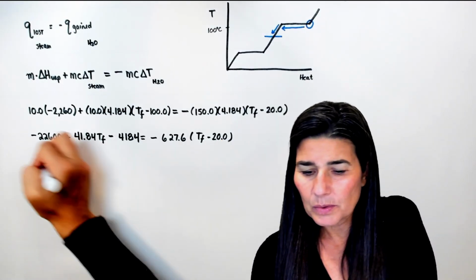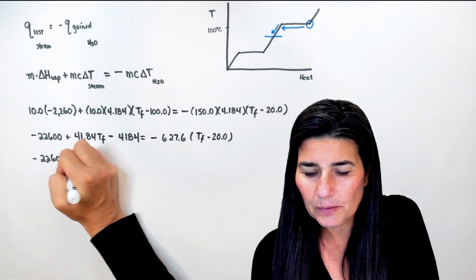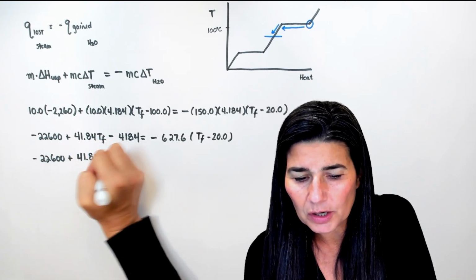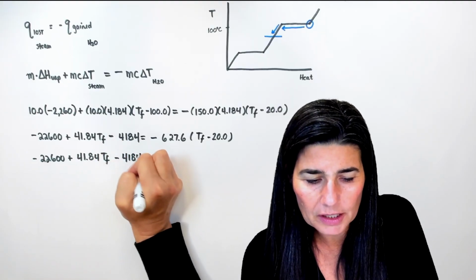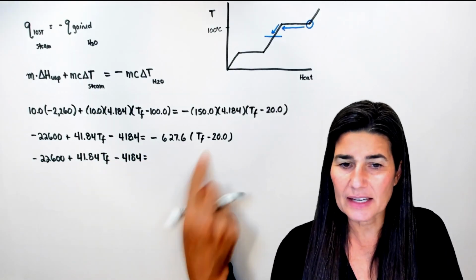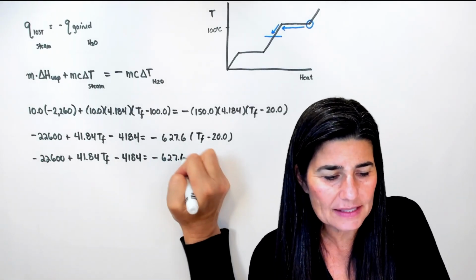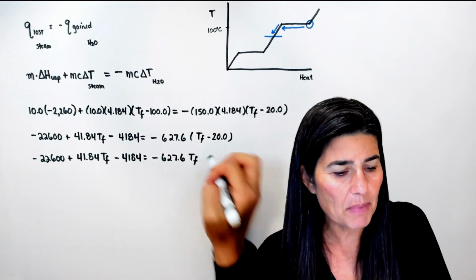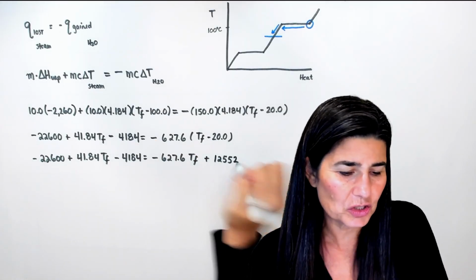Okay, so we've got negative 22,600 plus 41.84 T final minus 4,184 equals, I'm going to distribute here, negative 627.6 T final, and then a negative times a negative is a positive 12,552.